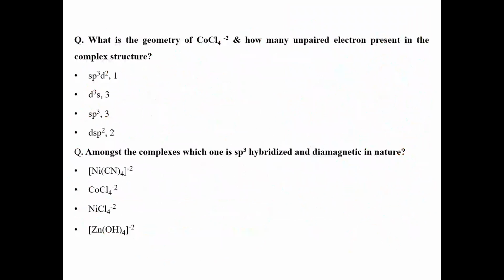In this question, what is the geometry of the cobalt tetrachloride complex, and how many unpaired electrons are present? Here cobalt is in the plus 2 oxidation state, so it will be 3d7.